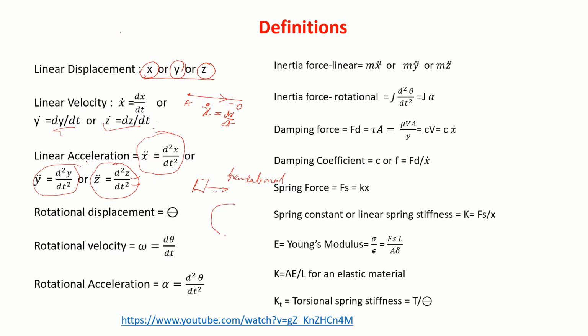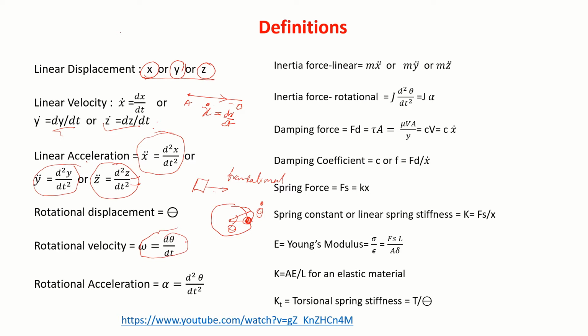Suppose some body is rotating about a circle. So it makes a displacement, angular displacement. That angular displacement let me represent by theta. So that angular velocity I can represent by theta dot, that is nothing but d theta by dt.